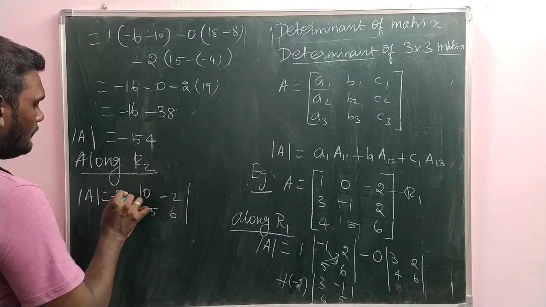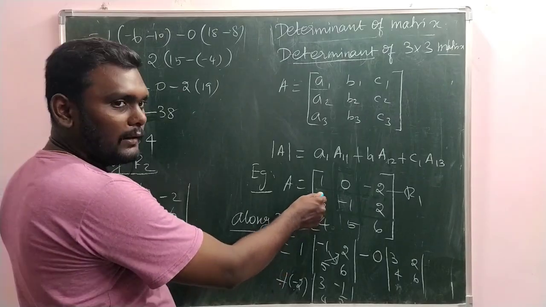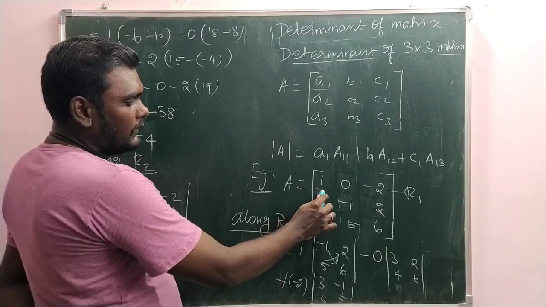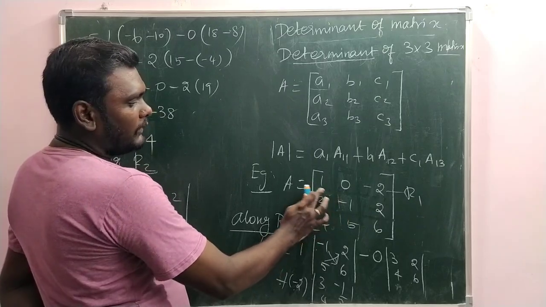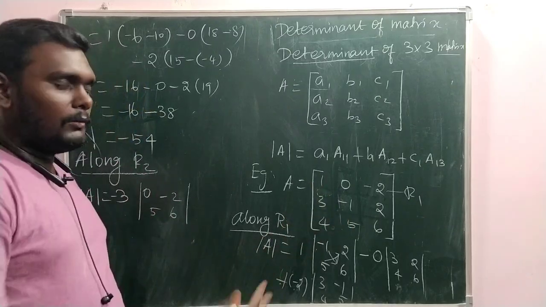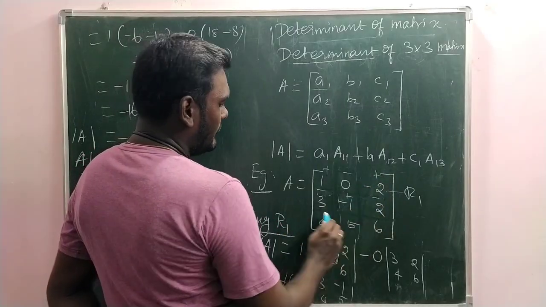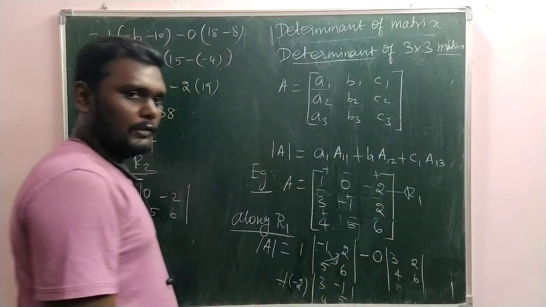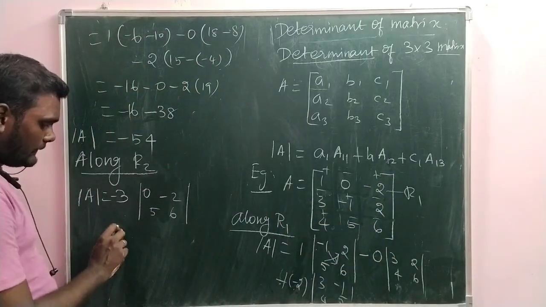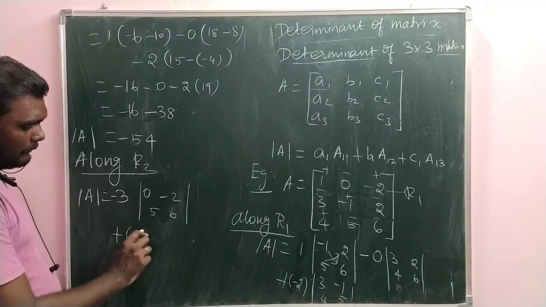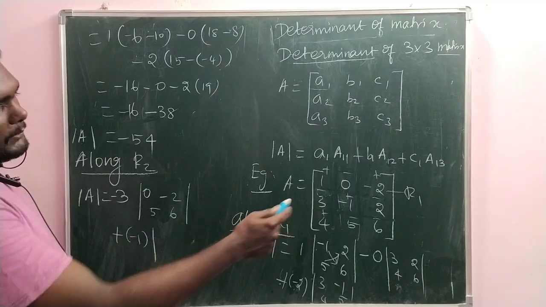So this will become negative, because this cofactor sign is negative. This is 2 1's place, right? Minus 1 power 2 plus 1. For that only I said, simply put plus minus plus minus plus minus plus minus plus. So now plus of minus 1 into the minor of the minus 1.